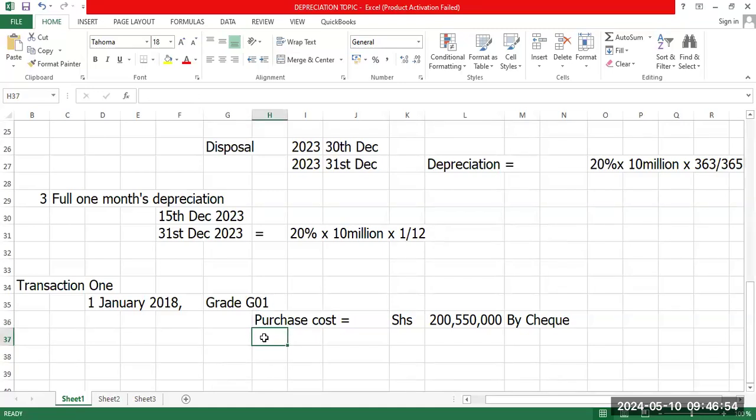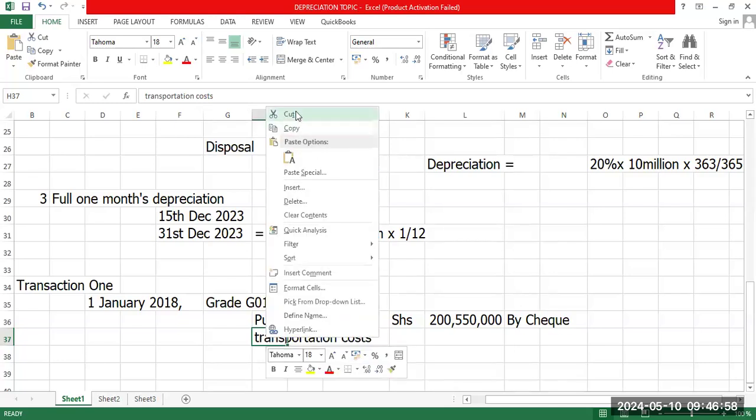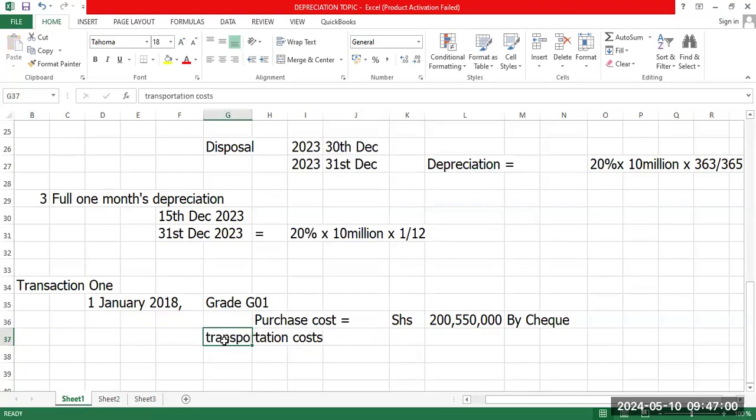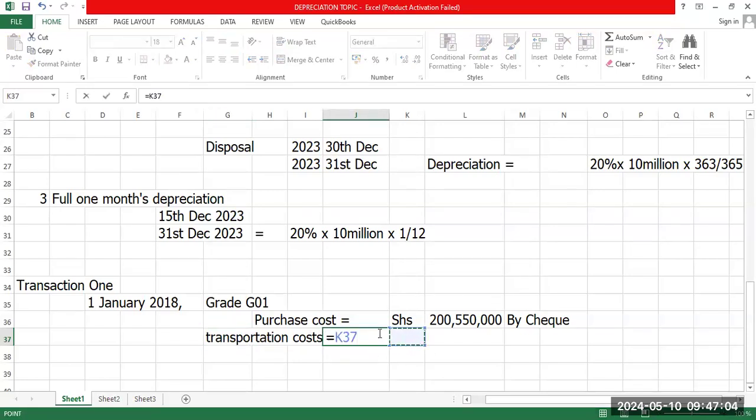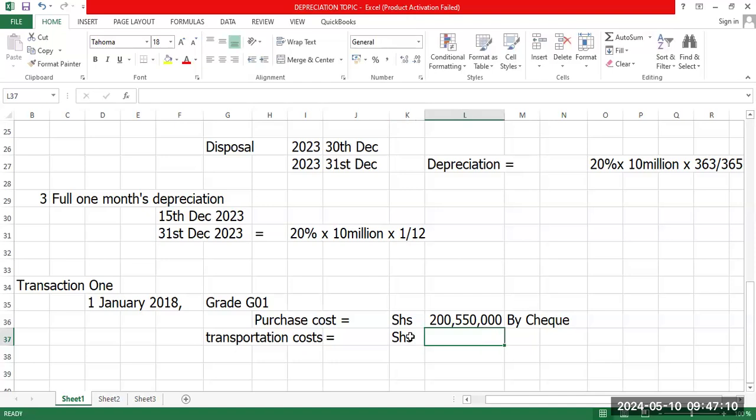So I also put it here. Still, it is on transaction number 1. These numbers don't change a lot. Once you understand, you understand. The transportation cost is how much? 42 million.